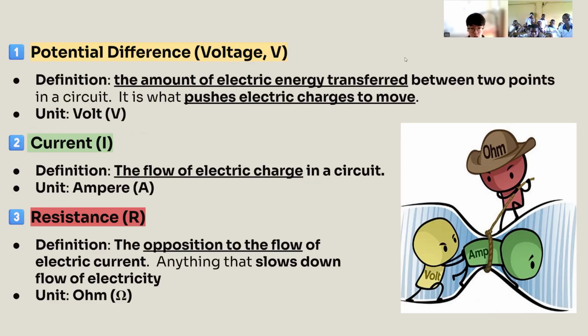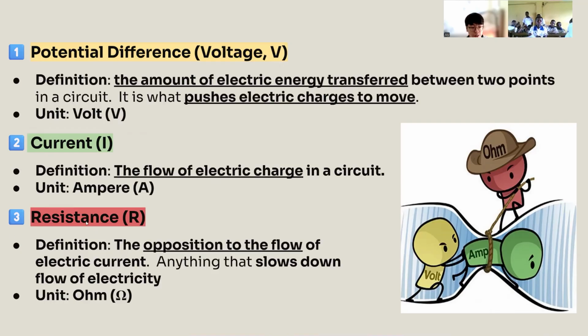So the voltage is what pushes electric charges to move. We also have the current. The definition of a current is the flow of electric charge in a circuit. So this is the flow going past maybe some light bulb or the wires. That is the measure of the flow, the current.